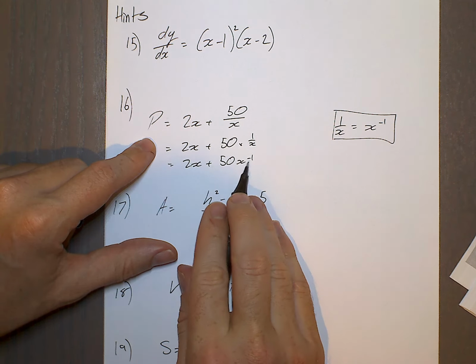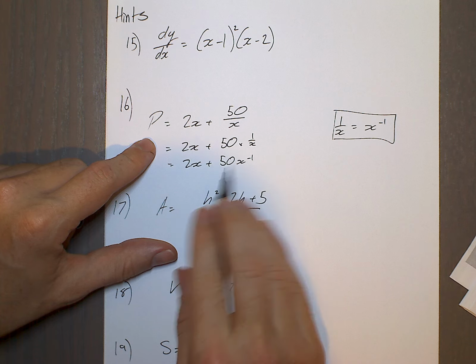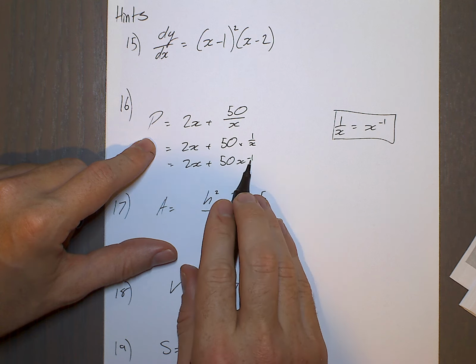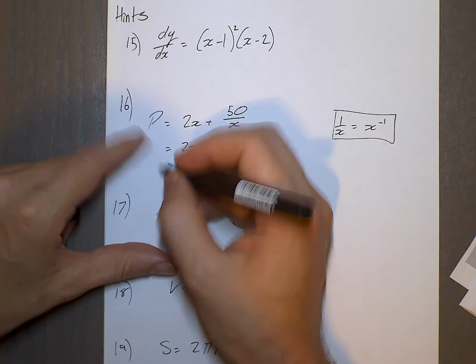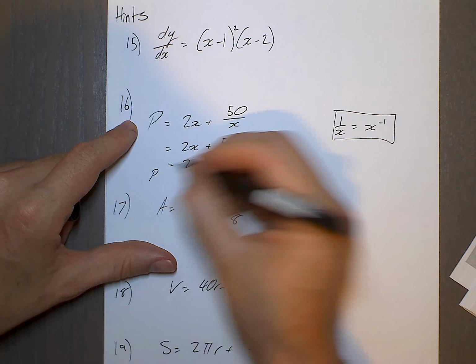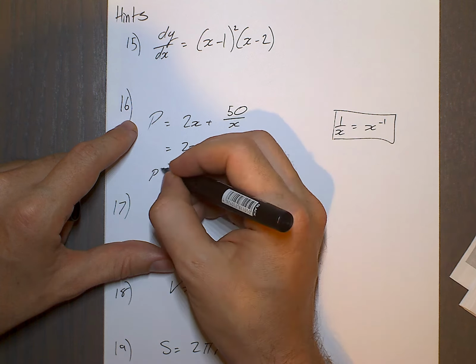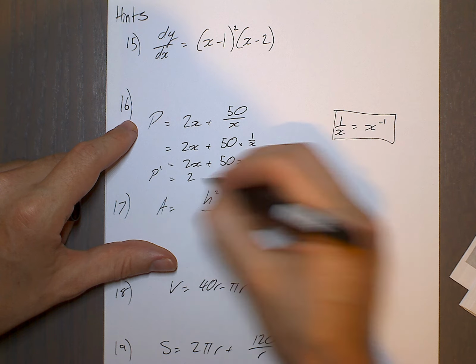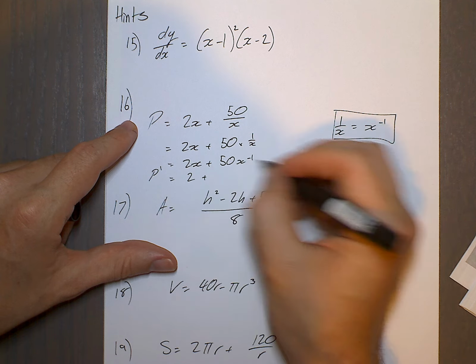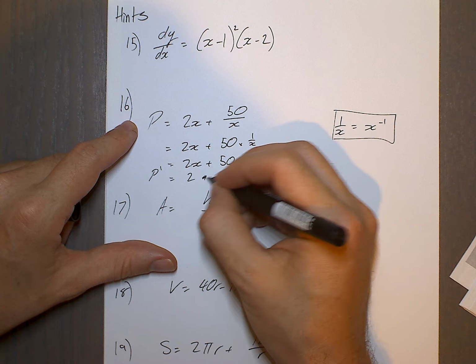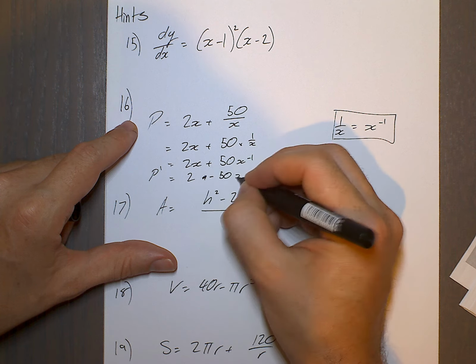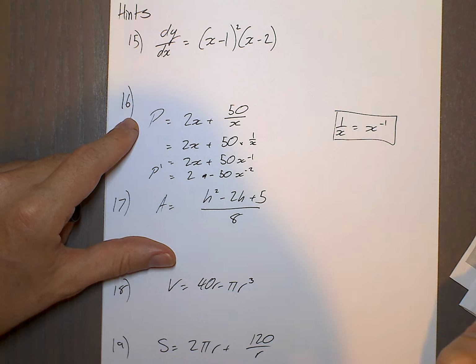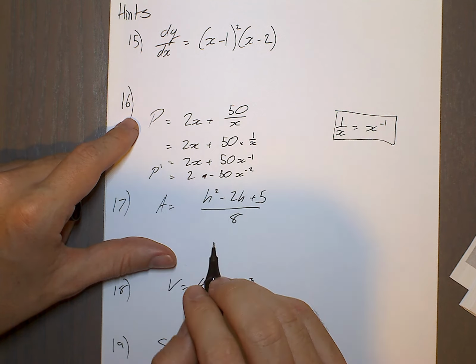Now, when you go to differentiate that, that negative 1 will come down, and if you're minusing 1 from that, that will be minus 2. So I will just do it for you. Let's go P dash, because I'm feeling a little bit lazy. That would be 2 plus, well, it's going to be negative 1 times that, so it's going to be negative 50 x negative 2. Okay? From there, you can solve the rest.